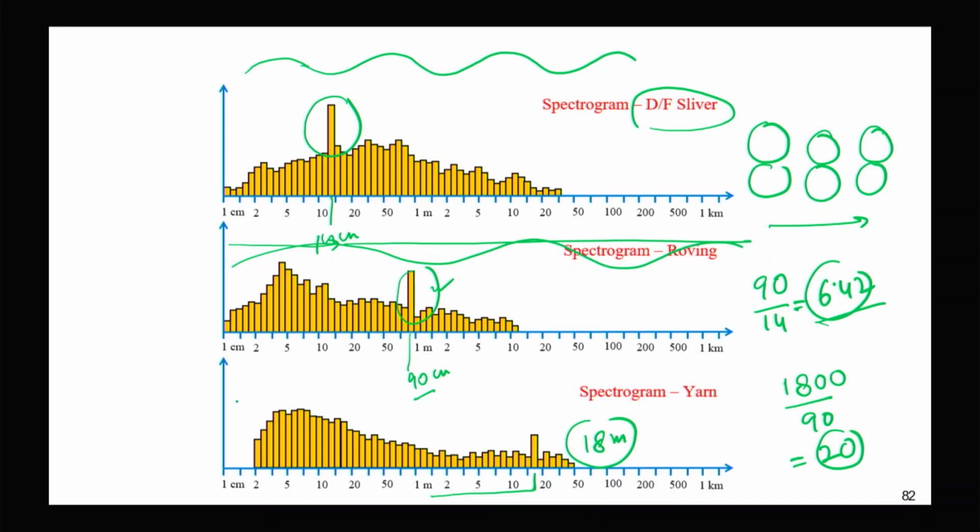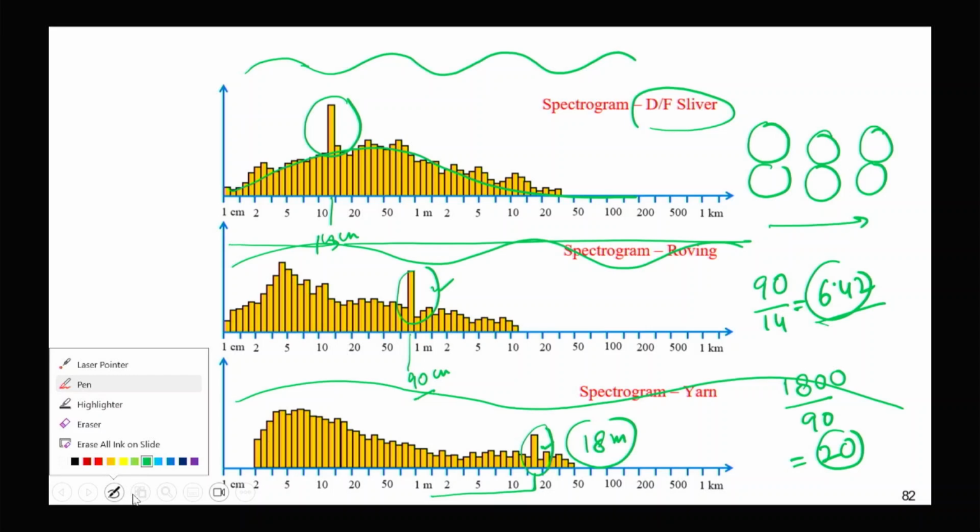So it is further stretched in the ring frame. So the number of repeats has reduced, and that's why height is reduced. Now the shape of the basic spectrogram is this. This is the shape of the basic spectrogram.